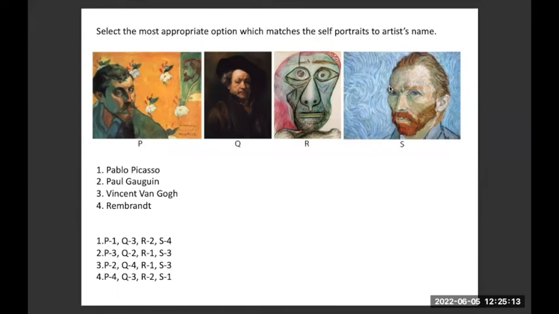Yeah, that is the correct one. The third option is the correct one here. But my suggestion is to take 5 minutes and please Google all these artists. Extremely, extremely important. All 4 of them, sorry, all 4 of them.